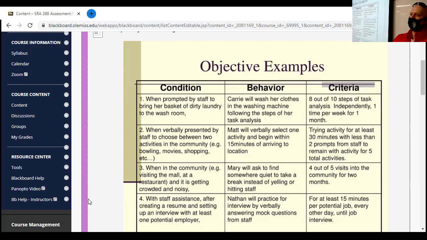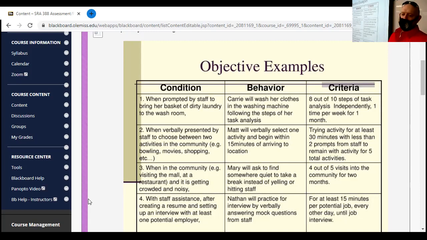Basically, just take the parentheses out because that doesn't matter. Yep, when she's in the community and it starts to get crowded and noisy. Obviously, that sets off anxiety for her. There's your condition, when there's a noisy, crowded place.